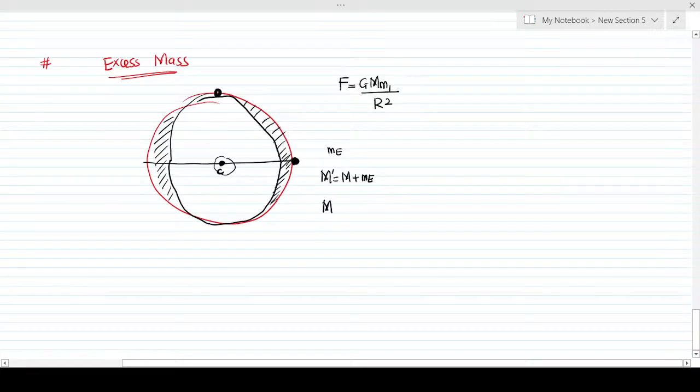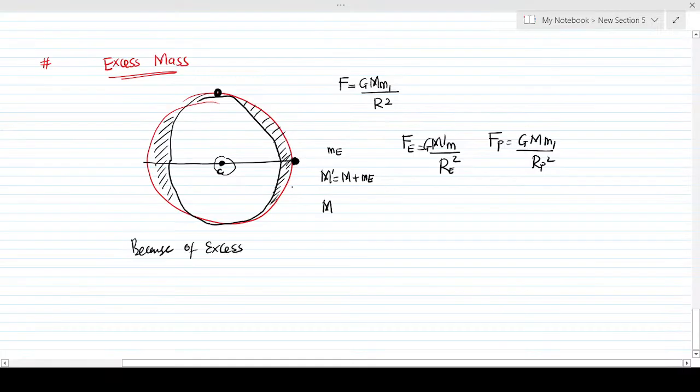So the gravity at the equator is going to be given by G m prime m1 over Re squared. That of the pole is going to be G m m1 over Rp squared. Keep in mind, in the context of excess mass, the gravitational force at the equator is greater than the gravitational force at the pole.